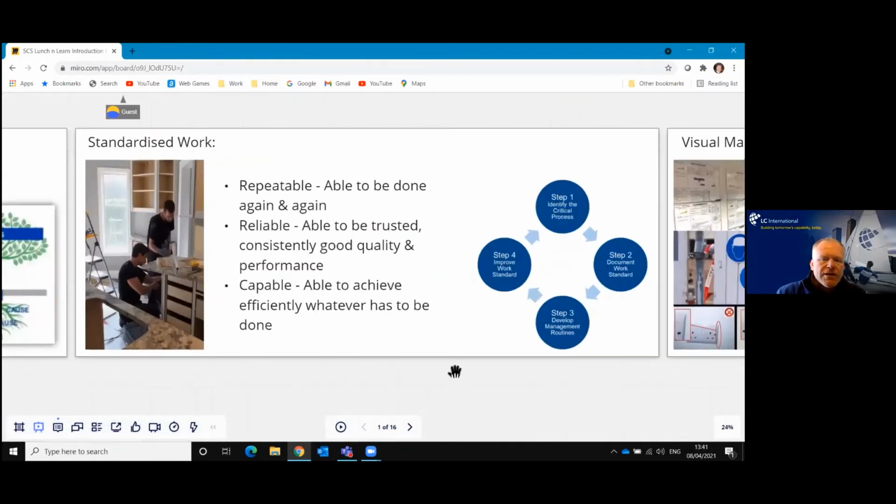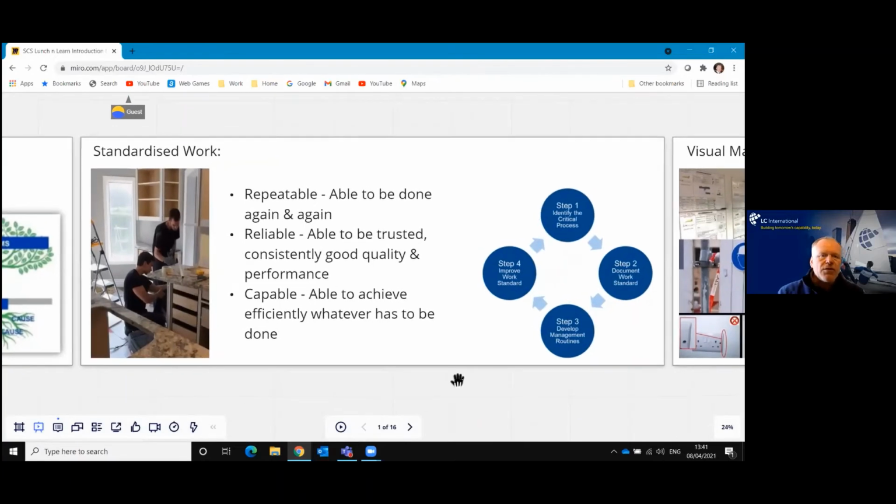Another technique is standard work. Now, whenever you go into any change at work, consider standardized work, because as you start to make improvements, the chances are your standards that you have in place will also need to be improved. Now, standard work is all about ensuring that we have things that are repeatable, things that are able to be done again and again, that they're reliable, so it's able to be trusted, and it will give that consistently good quality or performance.